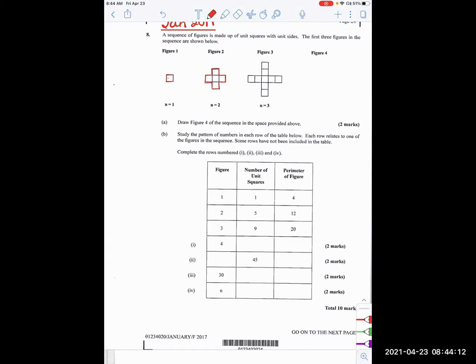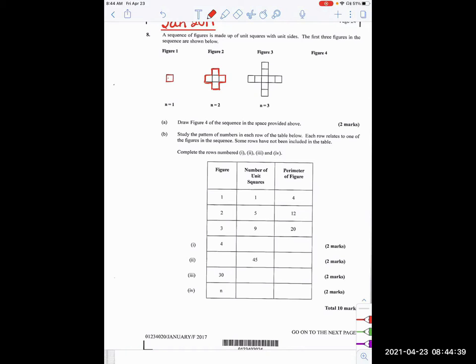Now, for each side in this figure, we have a block extended. So for figure 4, you redraw figure 3, not freehand, but properly with your ruler and your pencil, because you're doing this for marks.